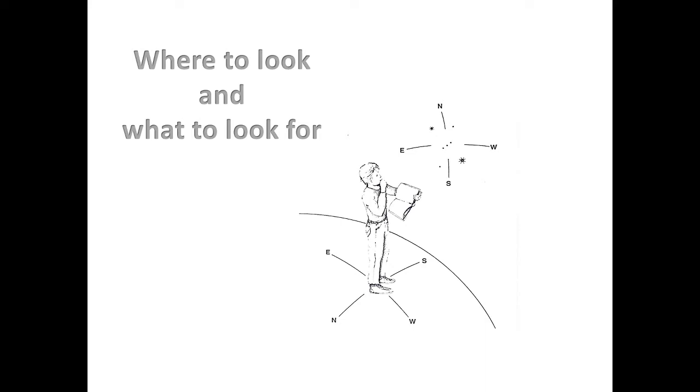In eyepiece power, you are trading off the magnification against the brightness and the field of view. The shorter focal length of the eyepiece will give you higher magnification, and the longer focal length of the eyepiece will generally give you a greater field of view.